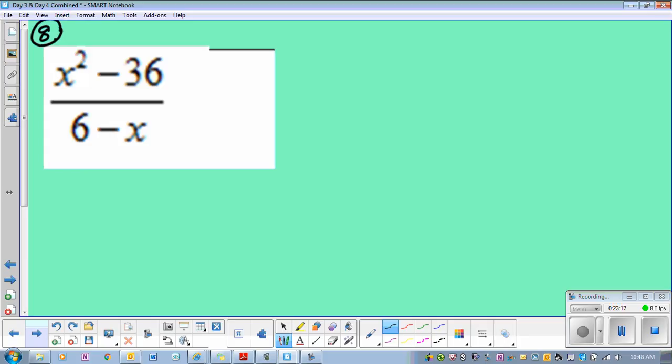All right, so the next one. First off, numerator. How do you factor this x squared minus 36? Up on top, how do you factor this guy? No, the GCF is 1, so no GCF. Good, this is DOTS again. I love it, let's DOTS it.